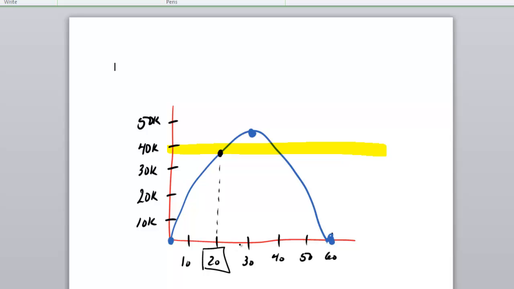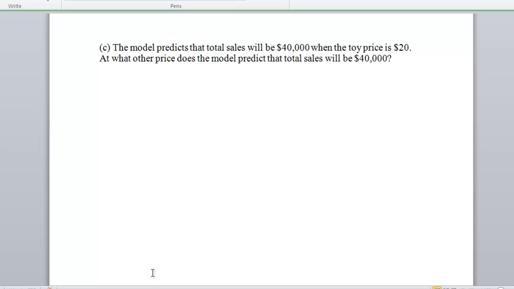Well, if we know symmetry is working here, we should know that this other place that hits $40,000 in sales would be a $40 price tag. And so we can use our graph to do that, or we basically could see that a $40 price model will give us $40,000 in sales.